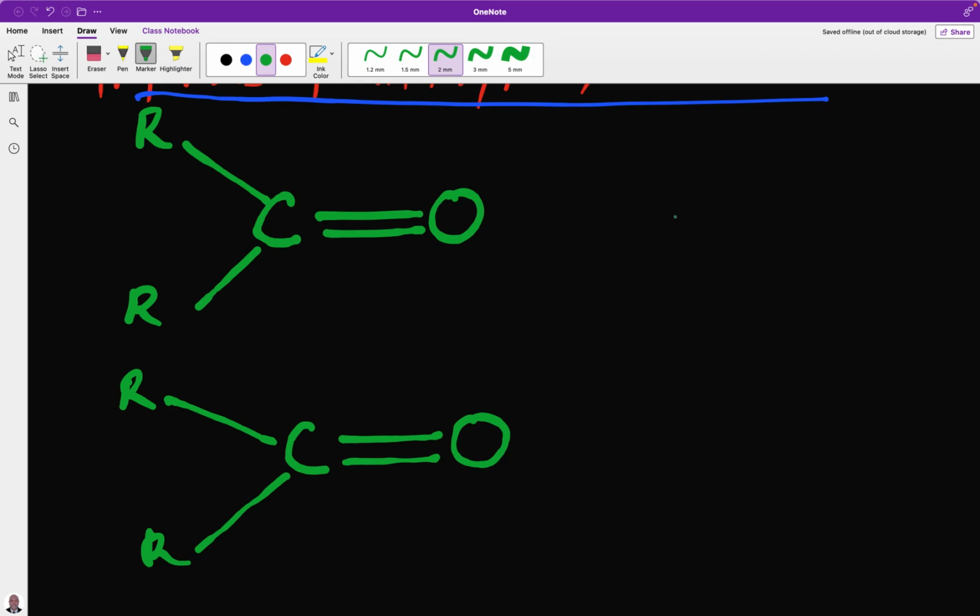And we have a molecule of water here. Here we have a lone pair of electrons on the oxygen.